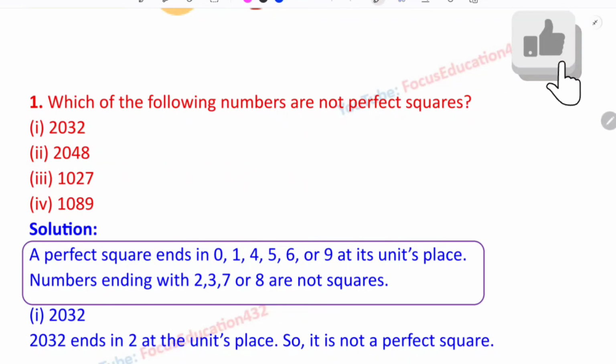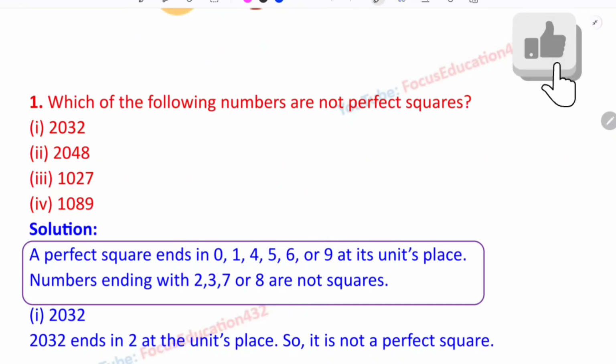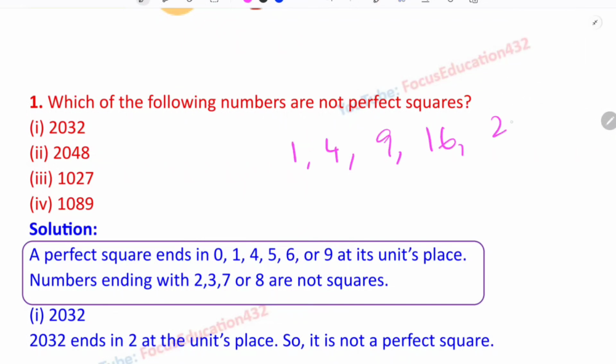Which of the following numbers are not perfect squares? We know what a perfect square is. 1 is a perfect square, 4, 9, 16, 25 and so on. Why?